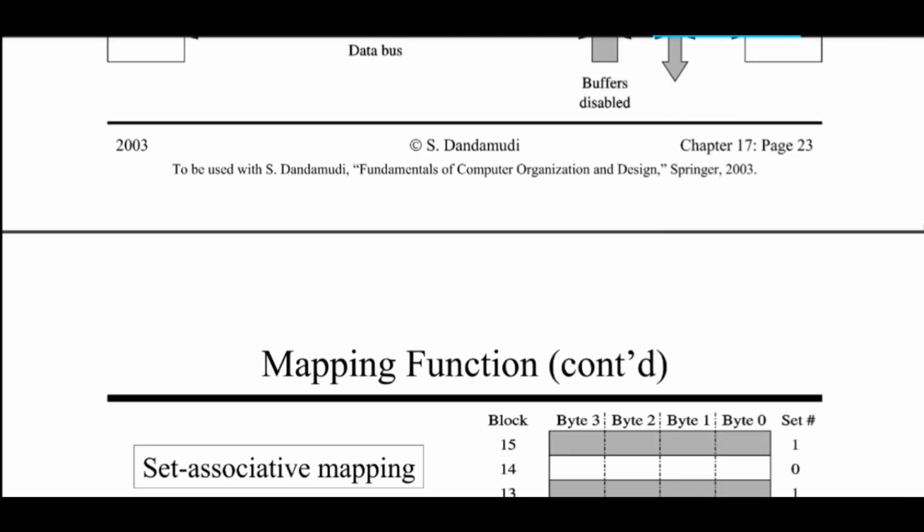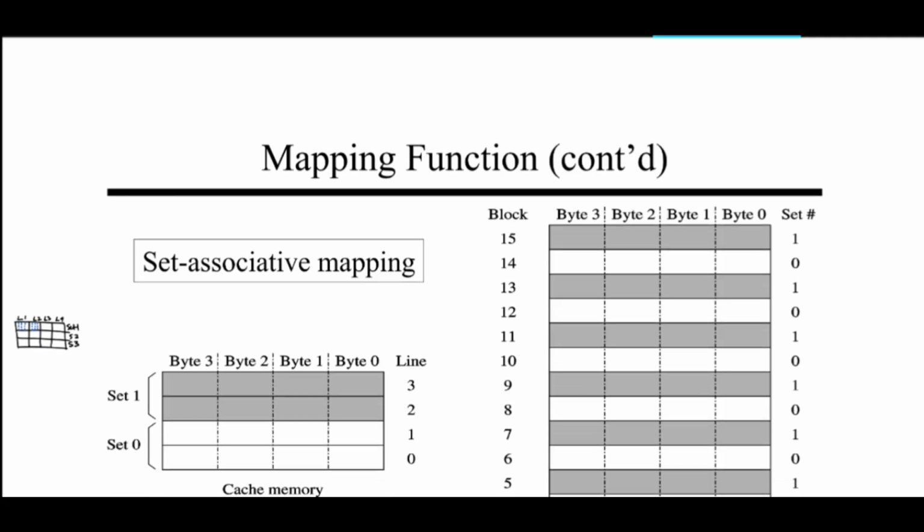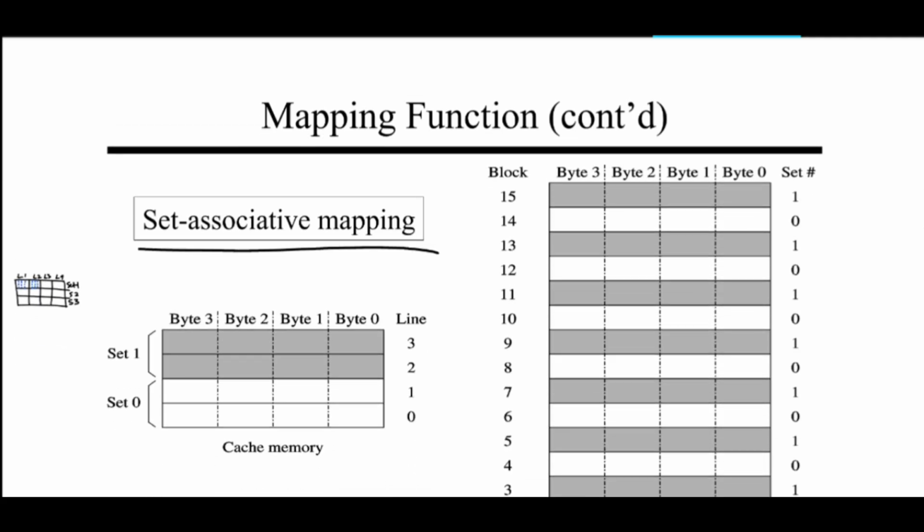Then let's move to set associative mapping. Set associative mapping is a hybrid approach. Hybrid approach means a mixed approach. What is a mixed approach?